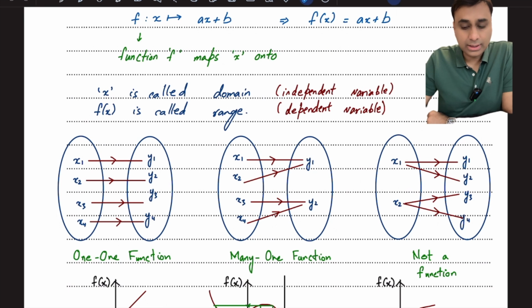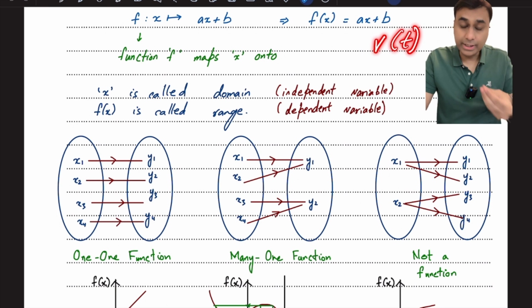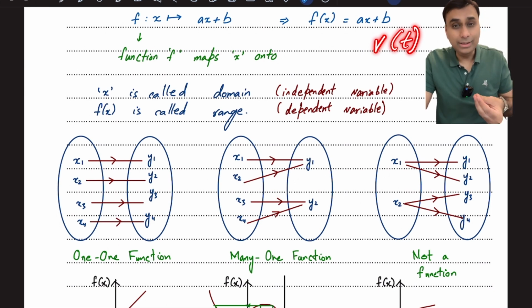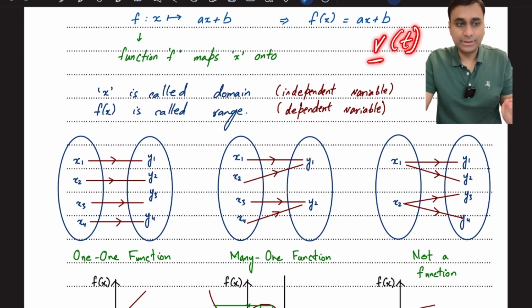To understand this idea, you can take an example of the velocity of a car or the speed of the car as a function of time. So time you would be able to identify directly is an independent variable over here, whereas velocity would be a dependent variable. So you know that if you have a particular value of speed, let's say the speed is 10 meters per second, it can repeat at different times.